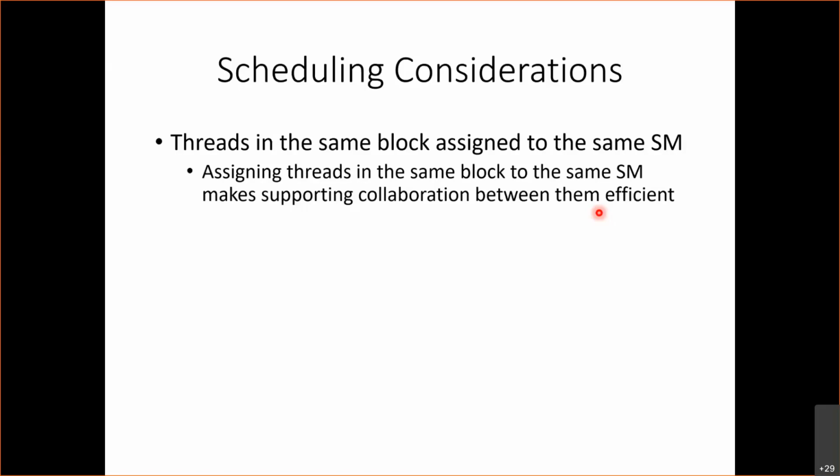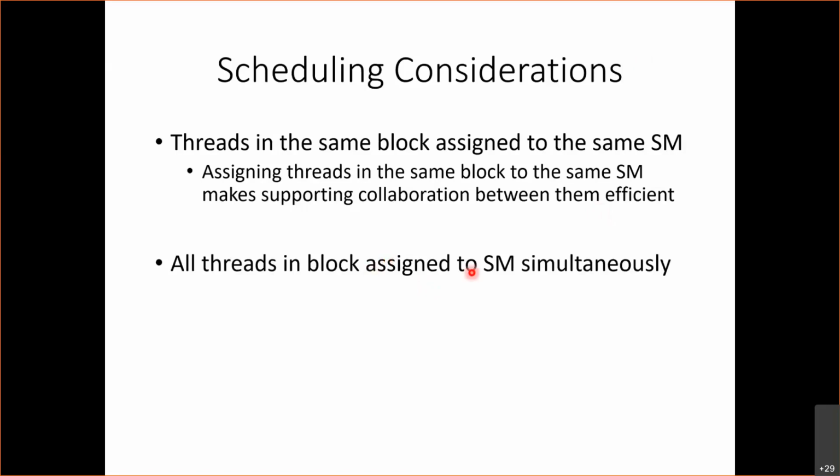Another important point: all the threads in the block are assigned to an SM simultaneously. In other words, if I have 1,024 threads in my block, and there's an SM that has 512 thread slots free, I cannot assign 512 threads of my block to that SM and then wait for them to finish and then assign the next 512.